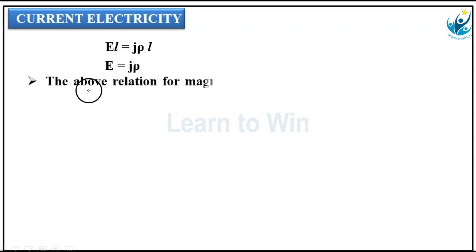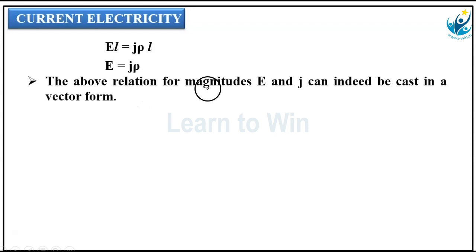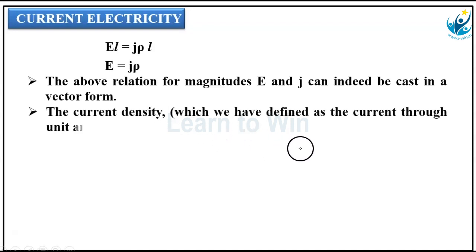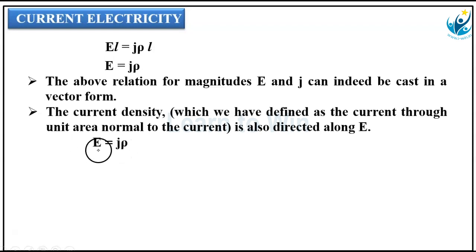From there, the relation for the magnitude of electric field intensity and current density is given by this expression, that is E equals J rho.